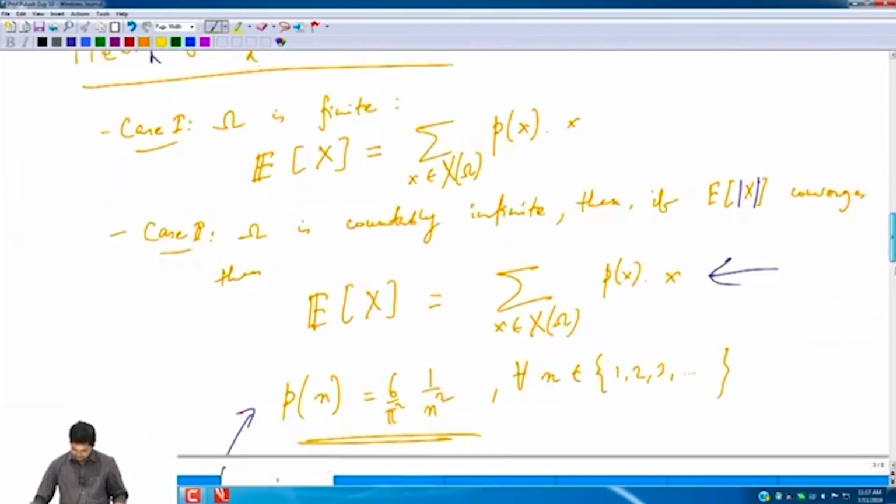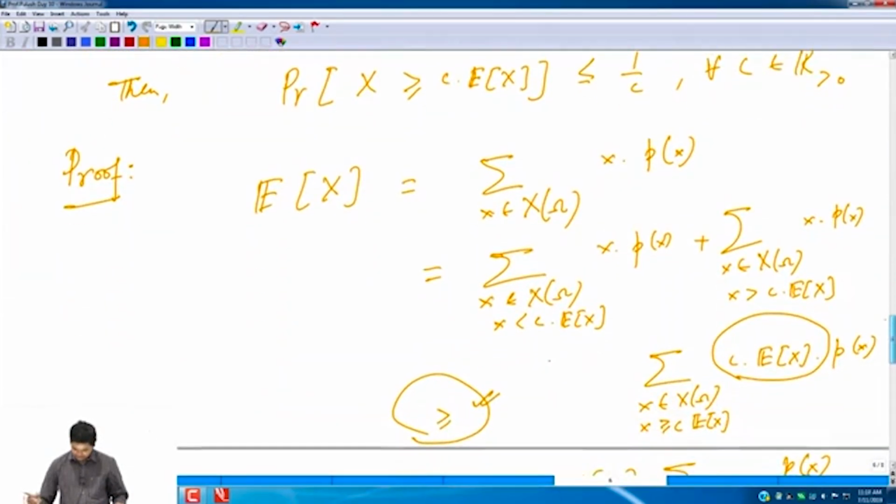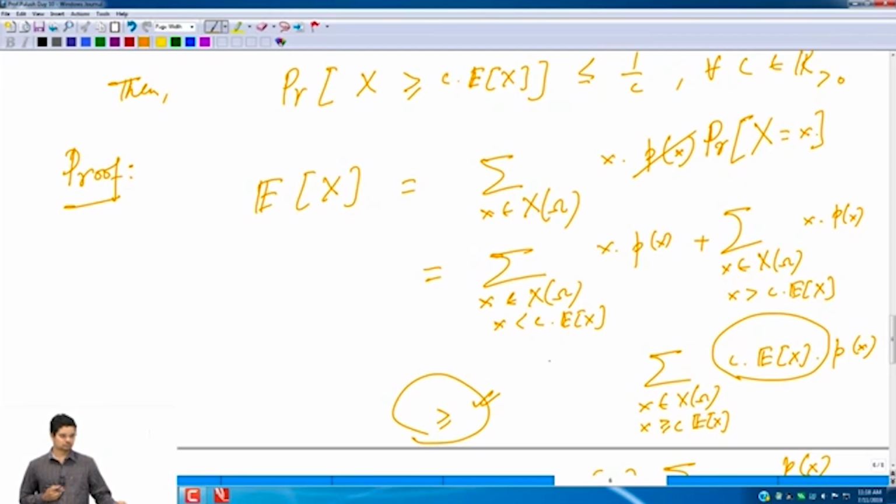So that's a very good question. Let me write it here, maybe not P of x, maybe I should follow the notation: probability that capital X equals small x, and the same goes everywhere. Sure, that's a very good question.